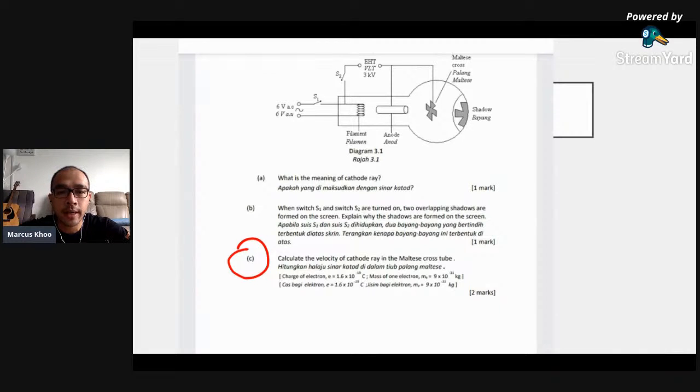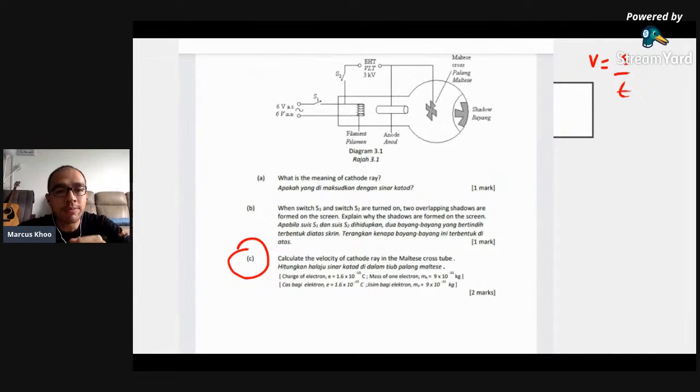Now, one very important thing to remember is that for this velocity question, there is no specific formula, unlike chapter 2. Velocity is displacement over time, and we are always very stuck with this. But we have to be a little more open-minded to know that everything in physics is about change of energy.